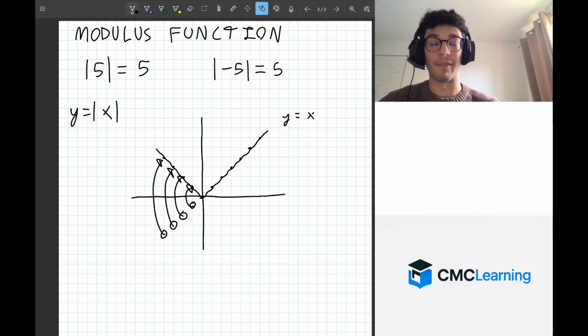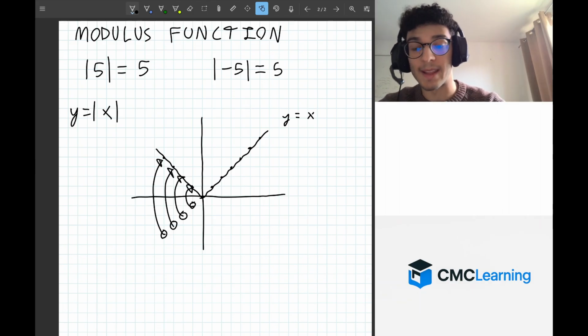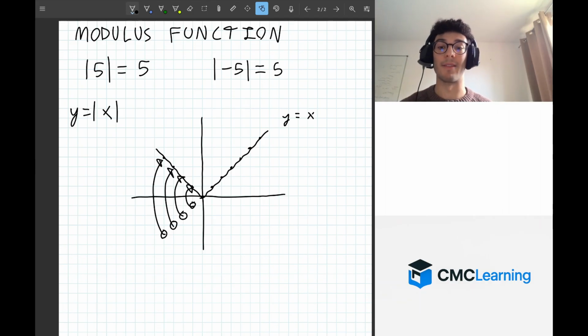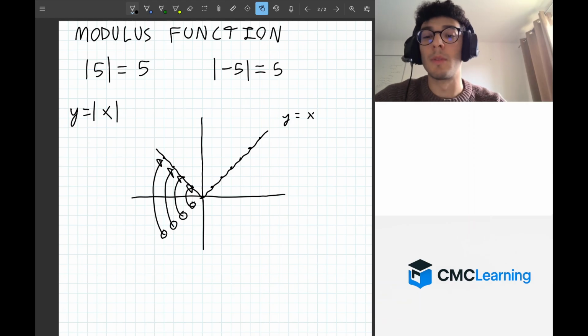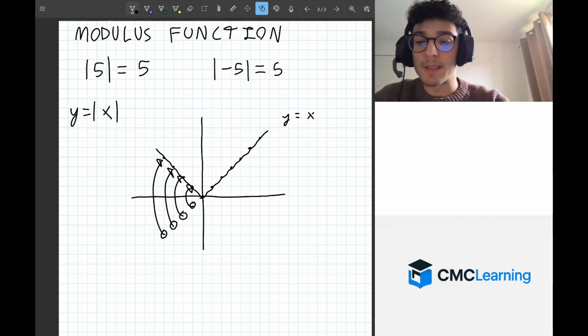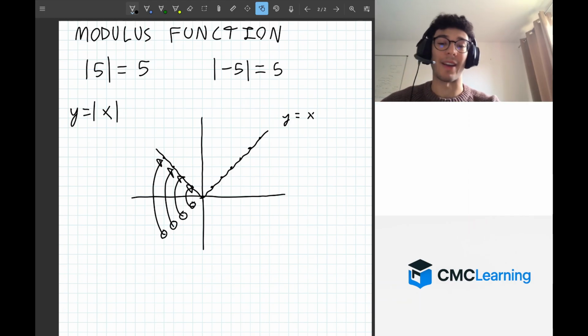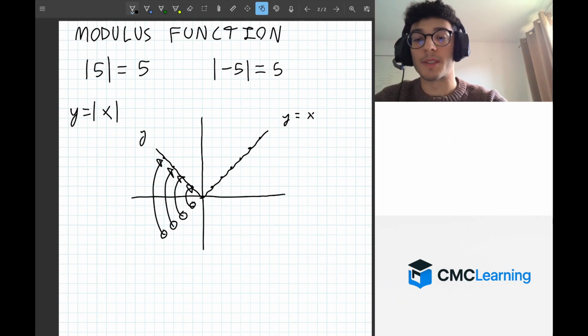Things are slightly different for the modded negative values. Essentially this line here that's going -5, 5, -4, 4. This looks similar to a line with a negative x gradient. So this we could say is -x.